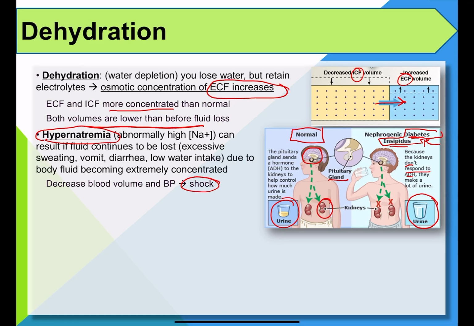Now, make sure you know that diabetes insipidus is different, and don't confuse it with diabetes mellitus. They both start with the word diabetes, but diabetes insipidus has nothing to do with blood glucose content or insulin, okay? The only thing they share is the symptoms, okay?